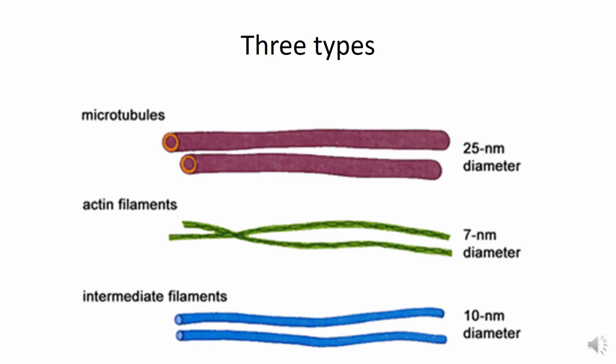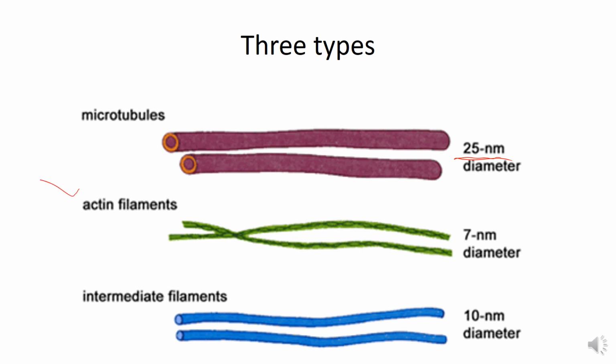So 3 types of proteins make up the 3 categories of the cytoskeleton in the cell. The first category is the microtubules, which are larger in diameter, about 25 nanometers. Then the actin filaments, they are the smallest.